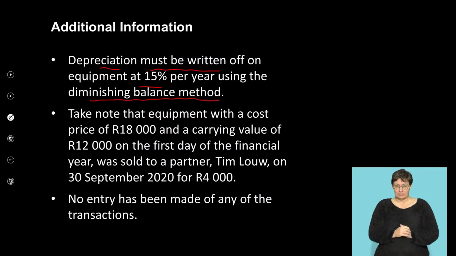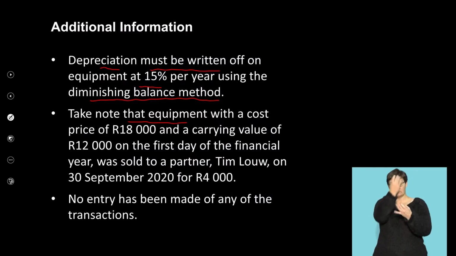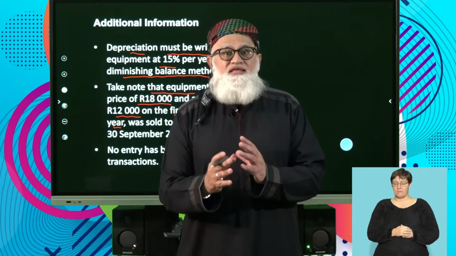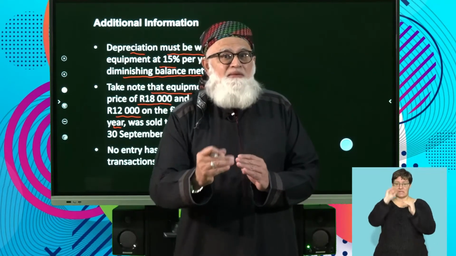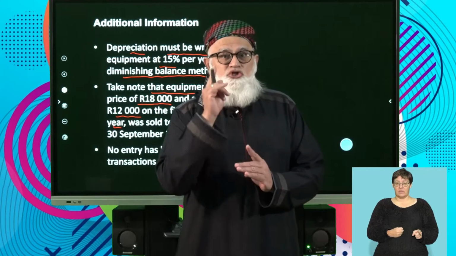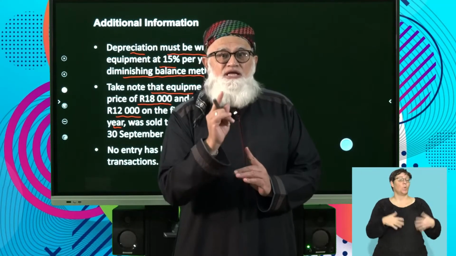Okay, then it tells us that equipment with a cost price of 18,000 Rand and a carrying value of 12,000 Rand was on the first day of the financial year, right? So in other words, you are given the accumulated depreciation at the beginning of the year. Very important. Remember what we said, your dates are very, very important.